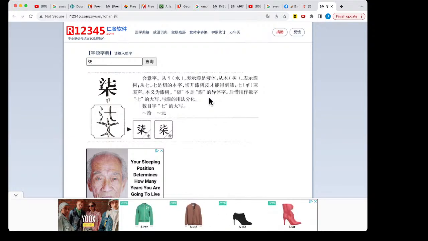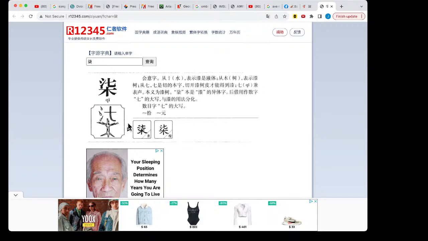So this one, the original meaning of this thing is referring to a type of tree whose sap can be collected to make lacquer, making paint, those thick, hard paints. Those trees are called qi shu, and you can see there's water for liquid, and then the mu for trees, and on the top right there's a knife over there.